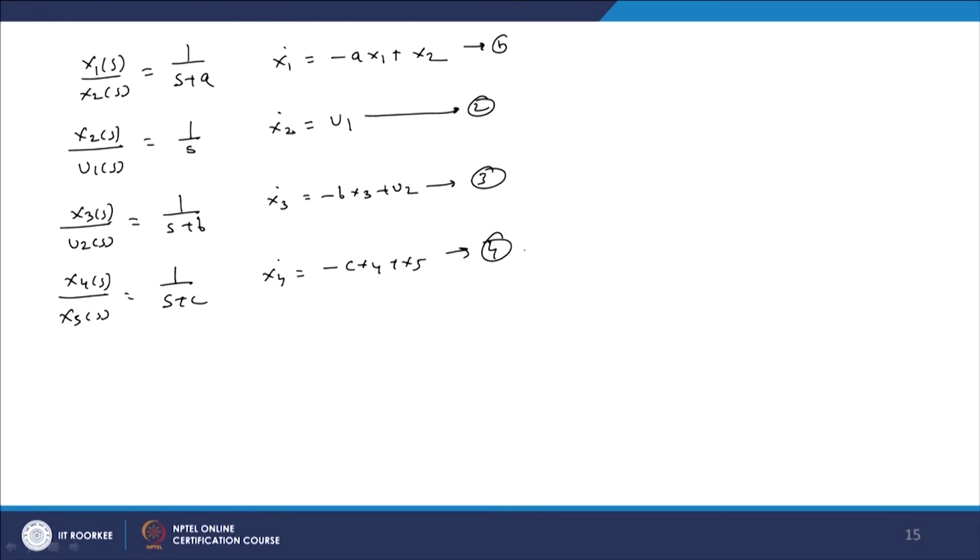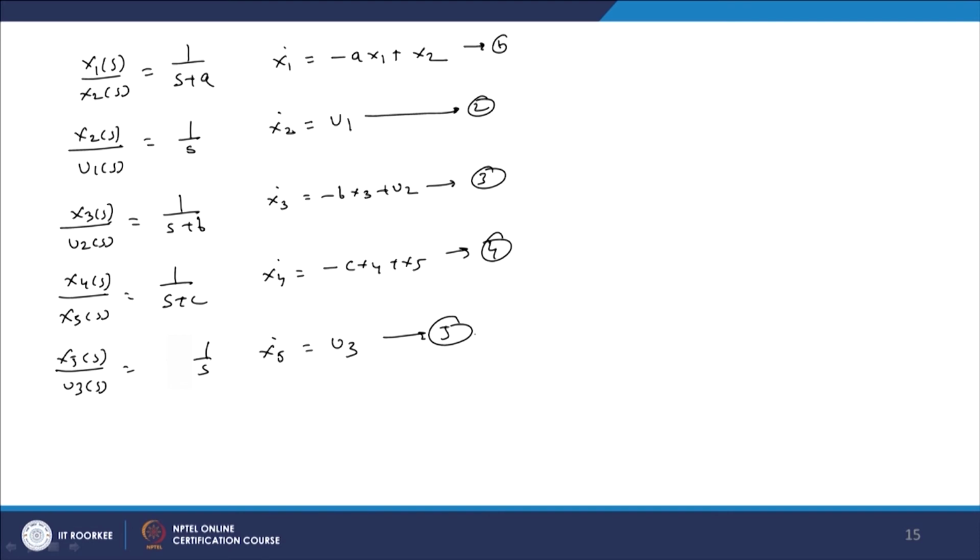We write this as x5(s) by u3(s), that is equal to 1 by s. After solving we will get x5 dot equal to u3, this is equation number 5. So we have got 5 equations, 1, 2, 3, 4, 5. Now we have to solve this, that means we have to represent it in state space form.